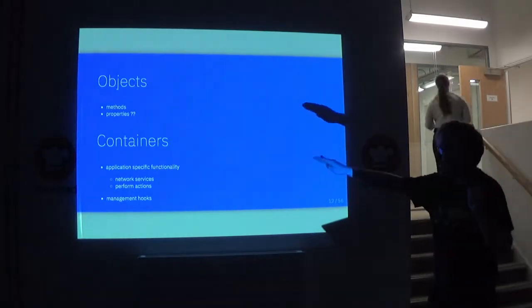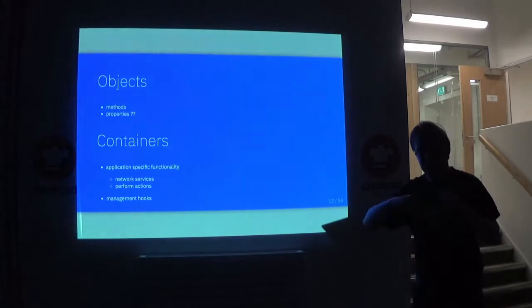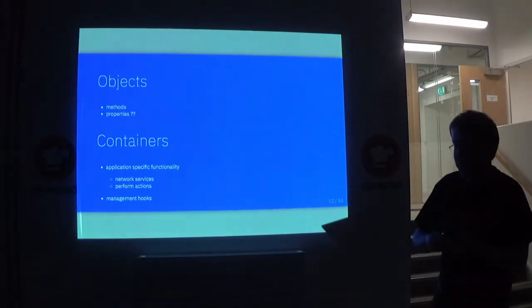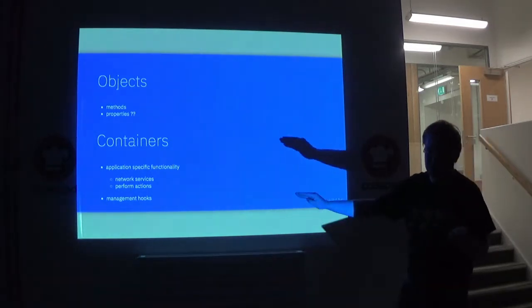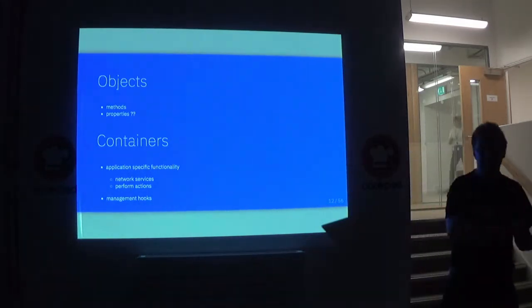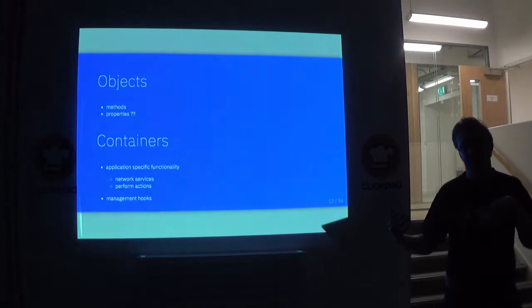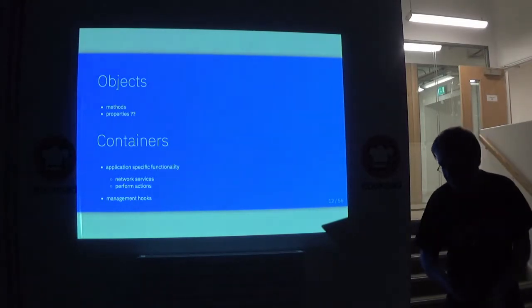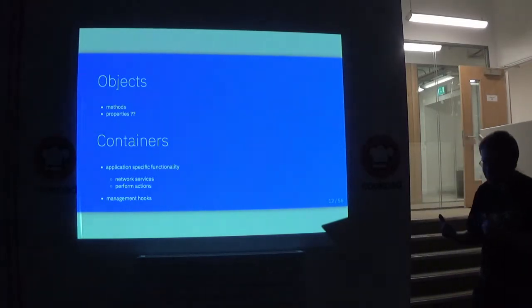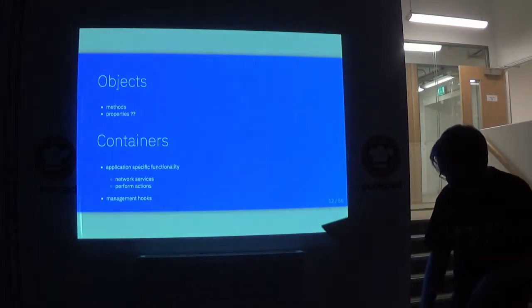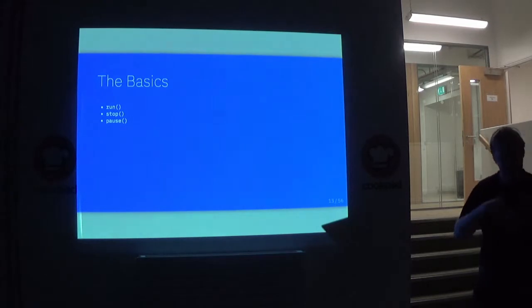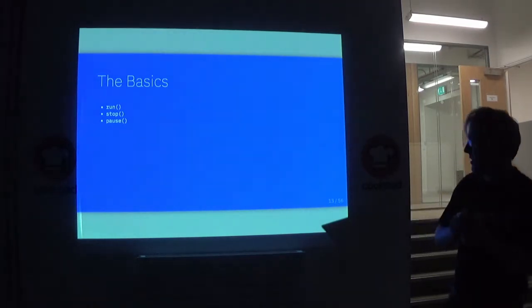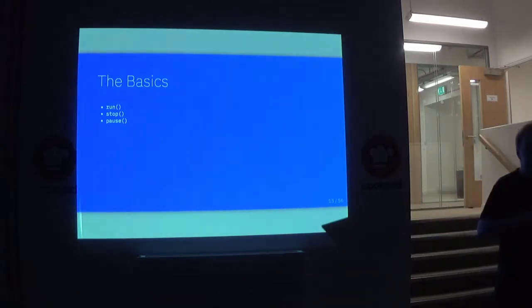You've got to have the hooks into your container for it to be able to do good stuff. And then there are management hooks. They're about making sure our containers are doing the right stuff, behaving how we think they are, and to debug them, stuff like that.